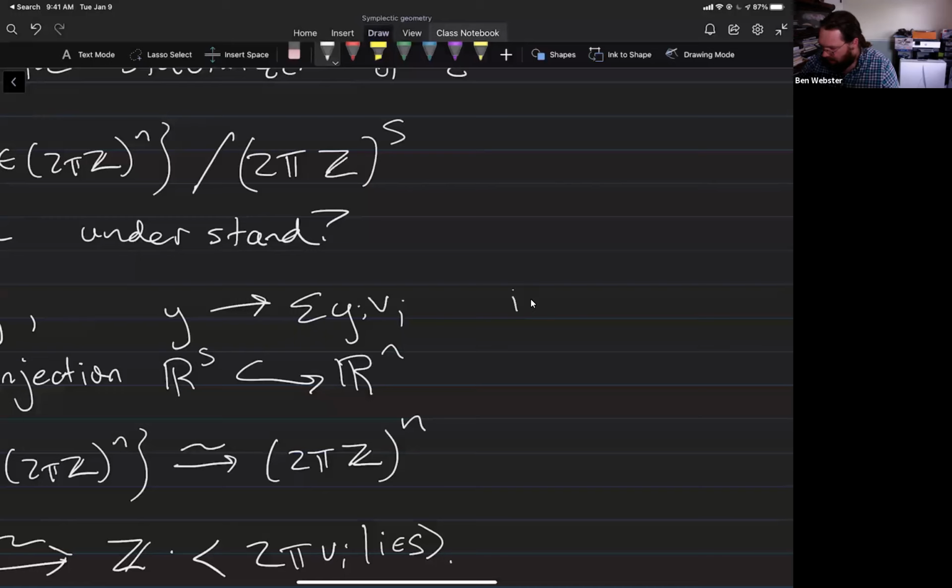And this is an isomorphism if and only if the point is a vertex.